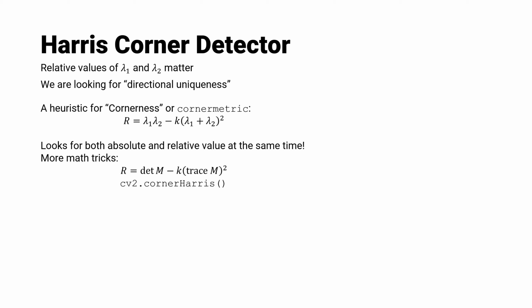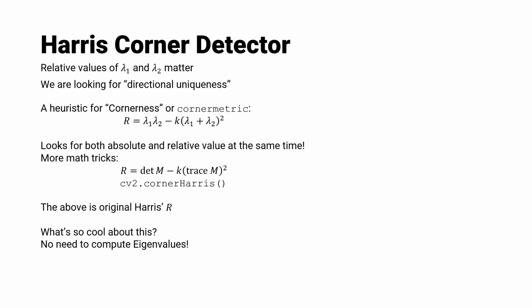So this above equation is the original Harris corner metric. So the question is, what is so cool about this? We don't have to explicitly ever compute eigenvalues. We can just compute the determinant and the trace of a 2 by 2 matrix, and it's very, very quick. And we can essentially say that, hey, this point is a corner if the value of R is greater than some threshold, or the cornerness is above threshold.